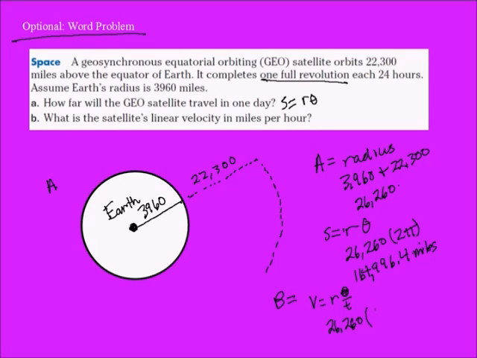And then we're going to multiply by 2 pi, okay, because we're only doing one full revolution, over 24 hours. Okay, that would be your time. And you plug this in your calculator, and you're going to get 6,874 miles per hour.